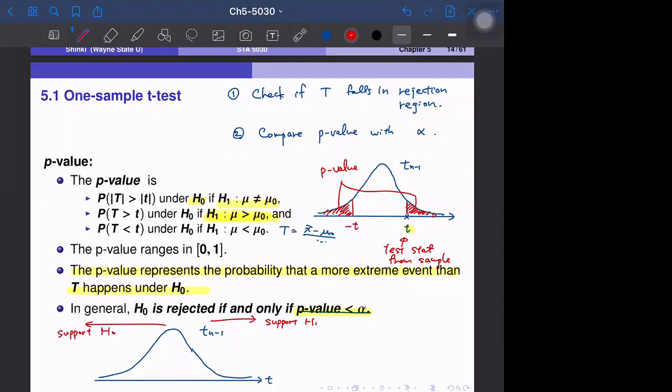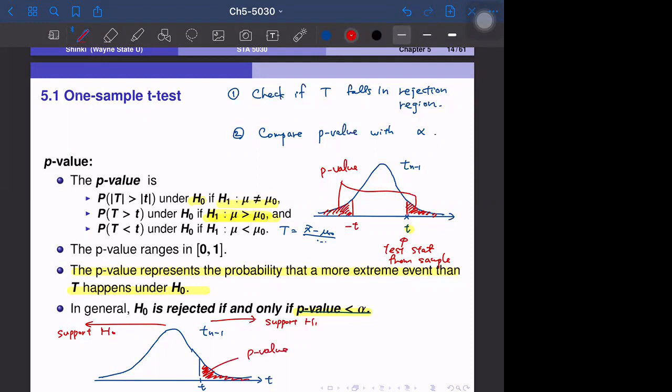Then what should the rejection region be, and what is the definition of extreme values under H naught? That should be the right tail of this distribution. So if we have the t statistic here, then the p-value should be the area larger than this value. So this is the p-value.